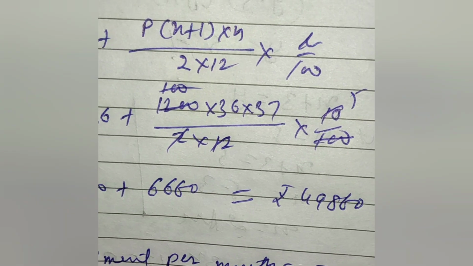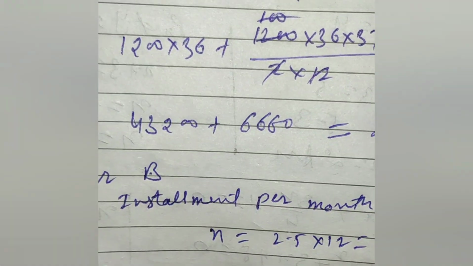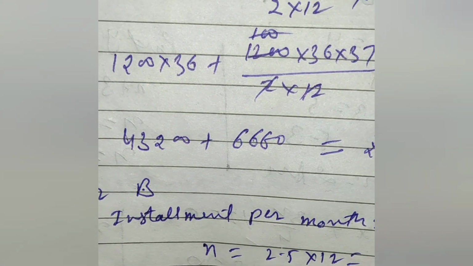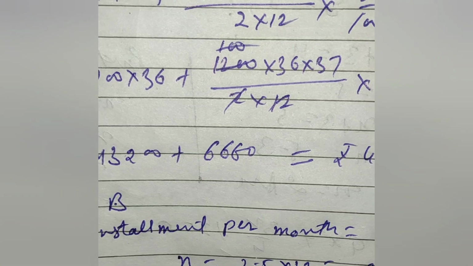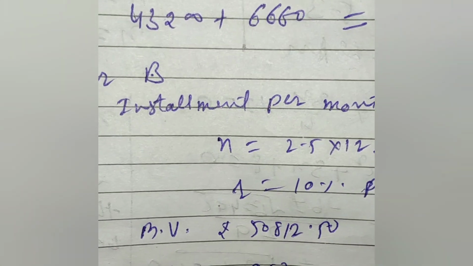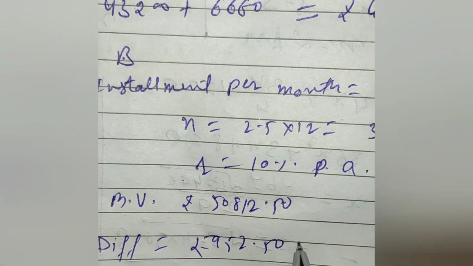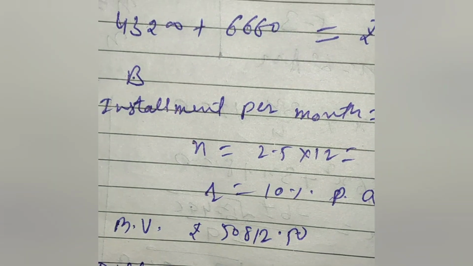Use the same formula, then you will find the maturity value for B is rupees 51,812.50. Then the difference between both amounts will be 952 rupees 50 paise, which is your answer. This means B will get more money.